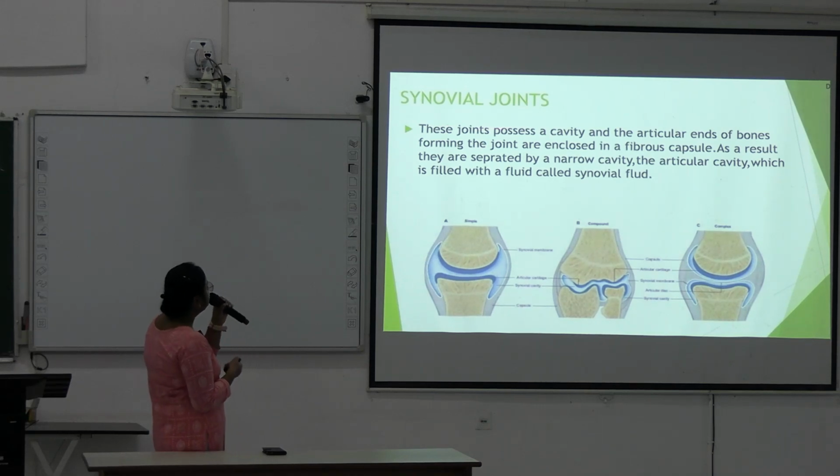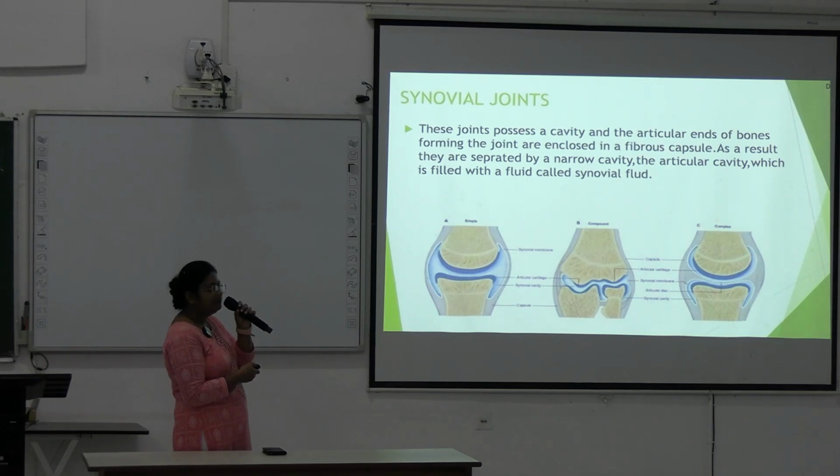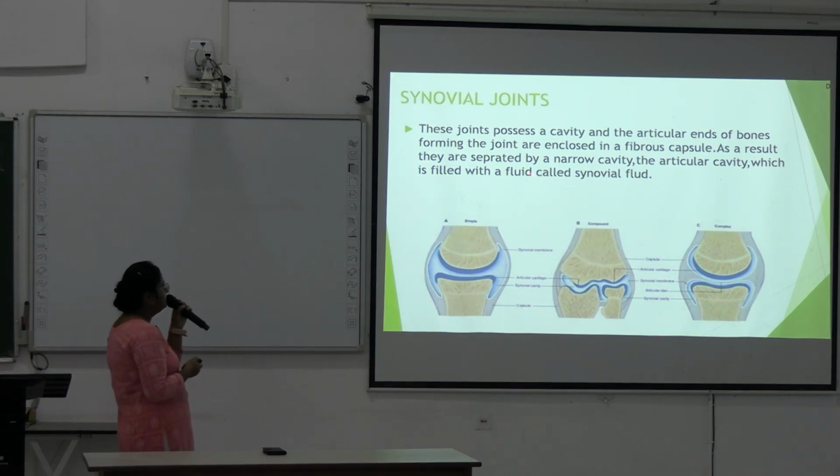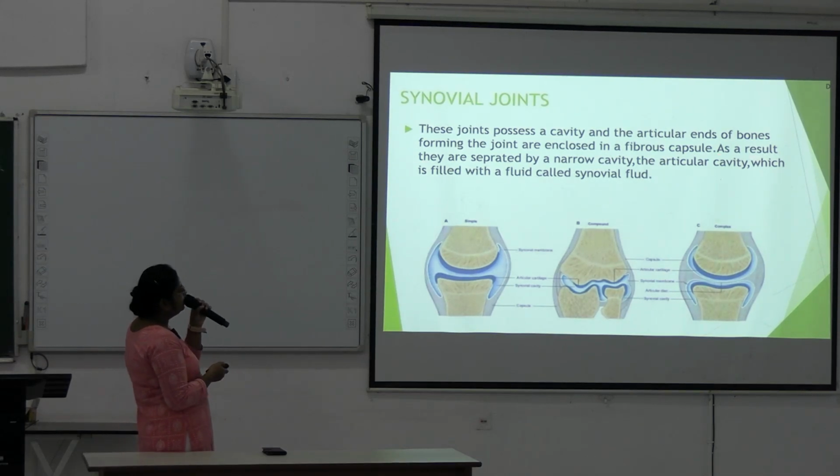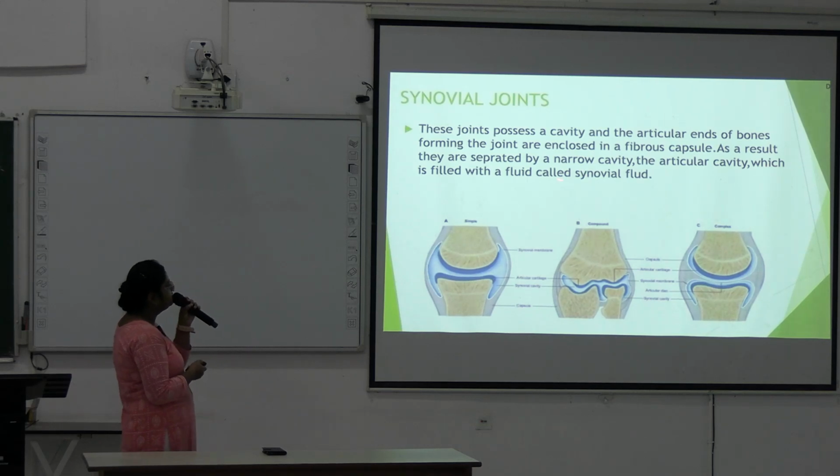These synovial joints possess a cavity, and the articular ends of the bones forming the joint are enclosed in a fibrous capsule. As a result, they are separated by a narrow cavity, which is filled with a fluid called the synovial fluid.